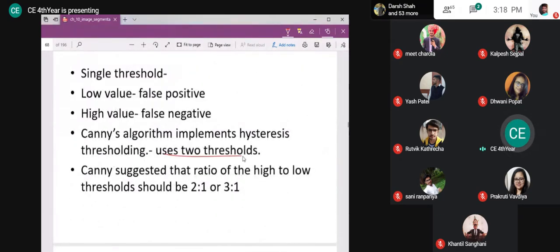I will use two thresholds, and it is known as hysteresis thresholding. I will take TL and TH, low threshold and high threshold. What is the ratio of high to low? 2 to 1 or 3 to 1, that depends on your requirement, right? So the higher threshold can be 2 times or 3 times larger than the lower threshold.